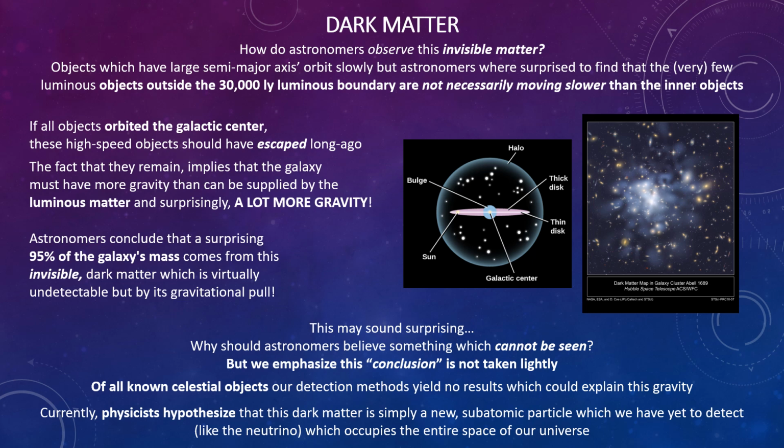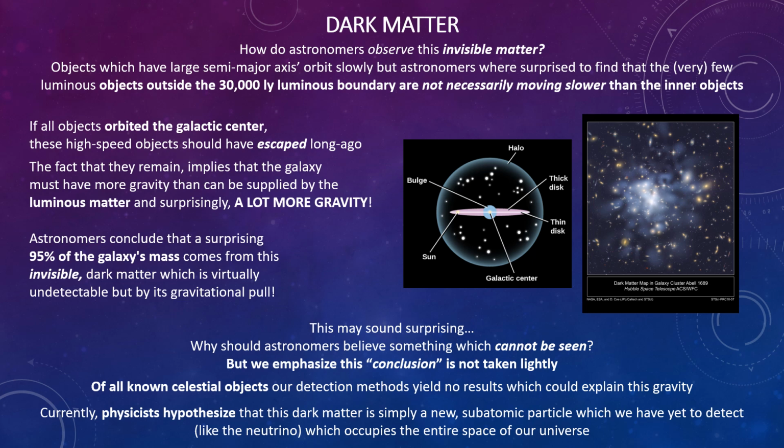So objects which have large semi-major axes orbit slowly, but astronomers were surprised to find that the very few luminous objects outside 30,000 light years were not necessarily moving slower than the inner objects. If all of the objects orbited the galactic center, these high-speed objects would have escaped a long time ago. They're just moving too fast to be bound by the mass contained within the center of the galaxy.